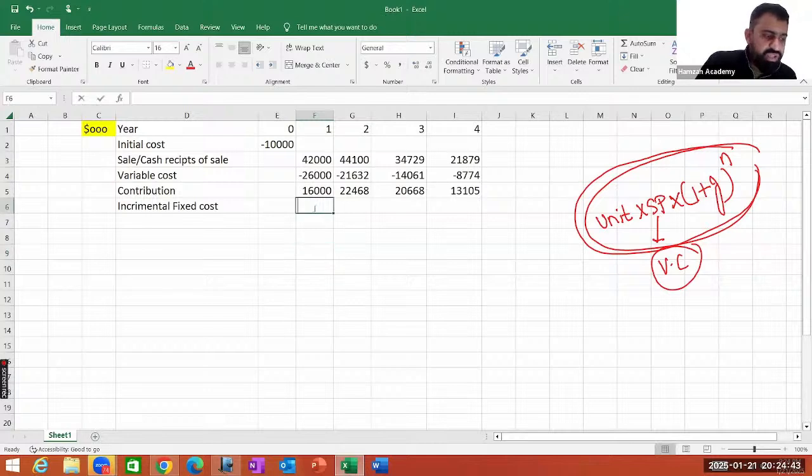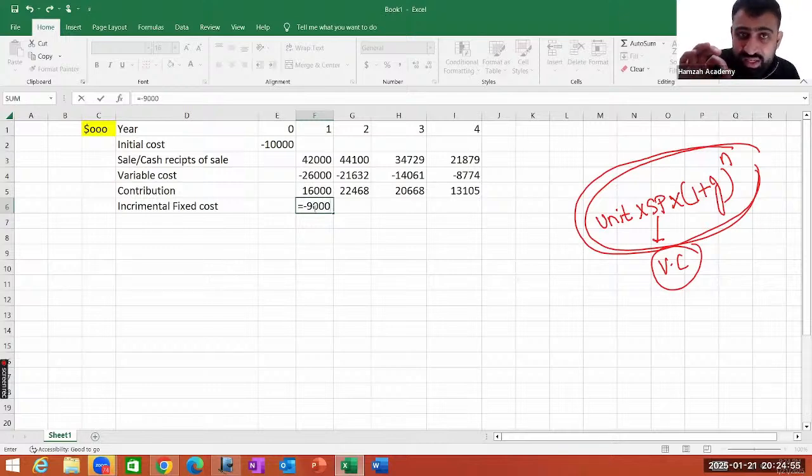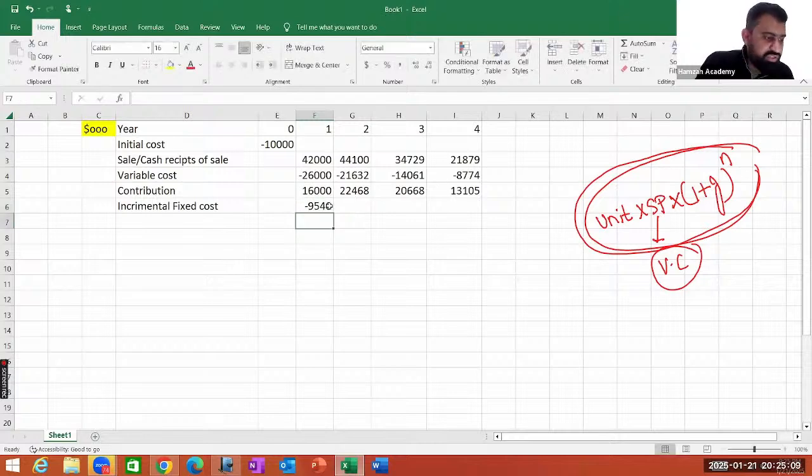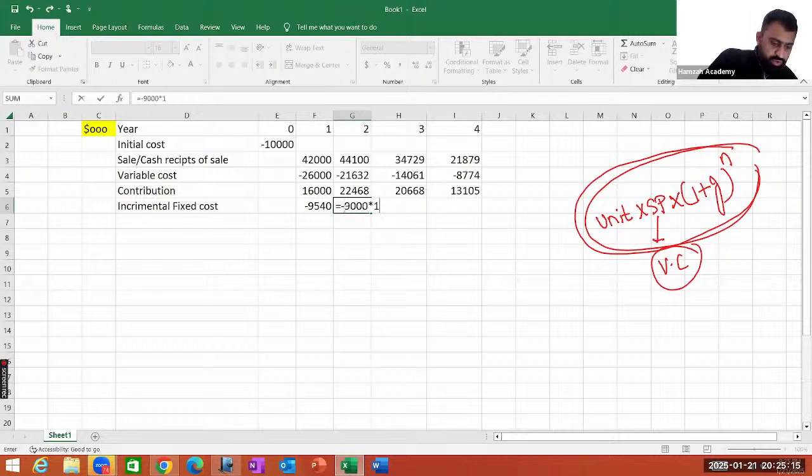Now, that fixed cost will be given in a question. Let's say that is $9,000. But again, it may be in current price terms, so you have to multiply it by the given inflation rate. I am assuming that for fixed cost, the inflation rate is 6%. So 9,000 into 1.06. Then again, 9,000 into 1.06 raised to power 2.